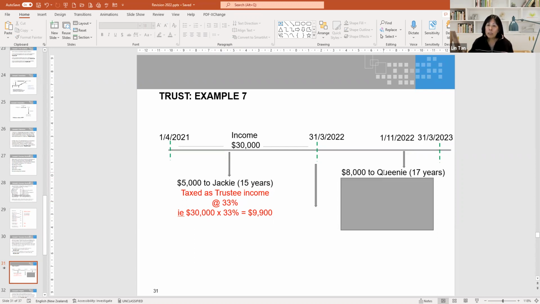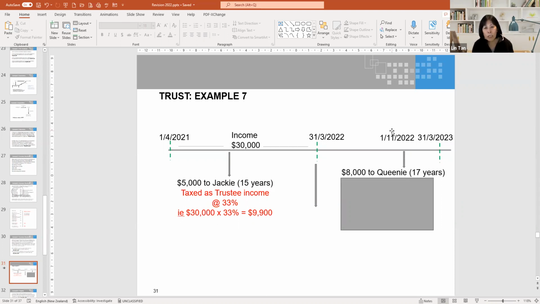Now let's move on to Queenie. $8,000 was distributed to Queenie. Queenie is an adult beneficiary, so the minor beneficiary rule doesn't apply here. But then we want to look at when the distribution was made. It's made on 1 November 2022.